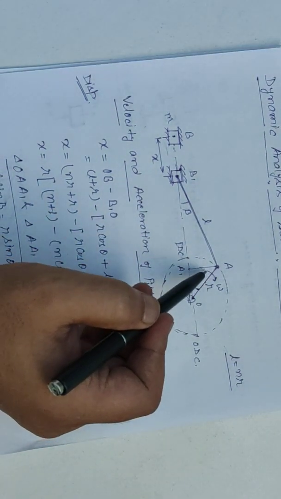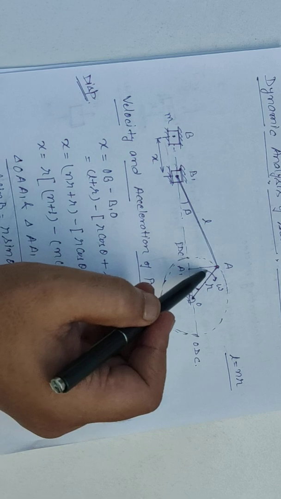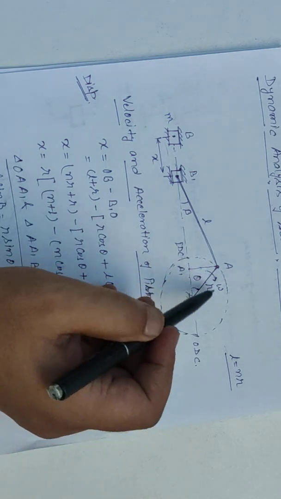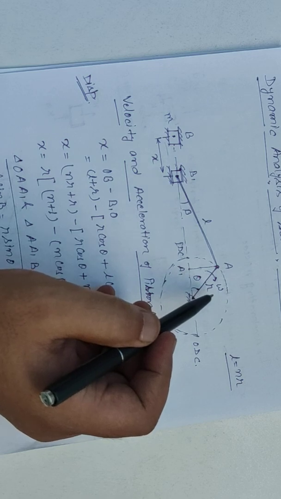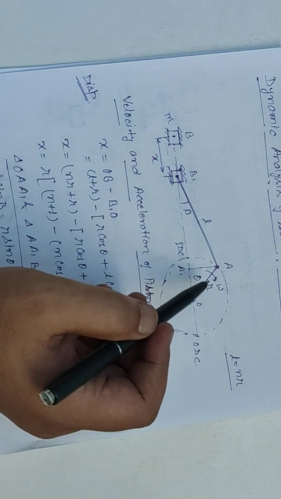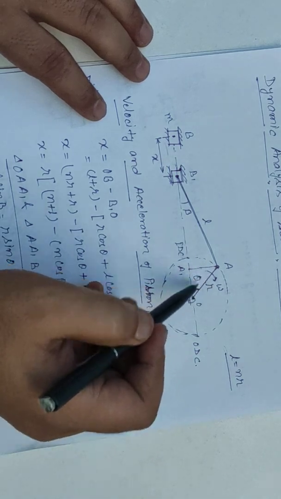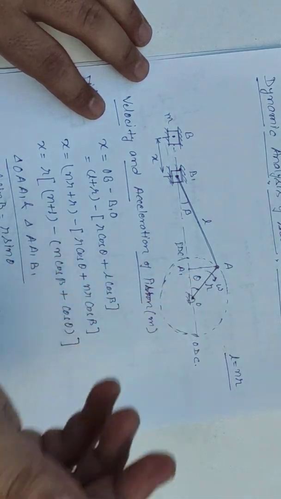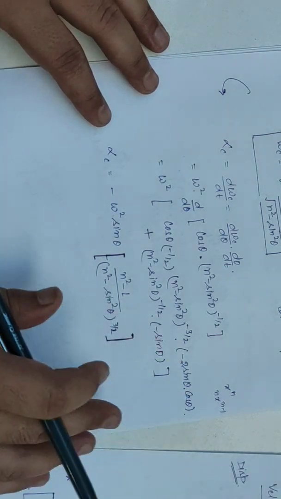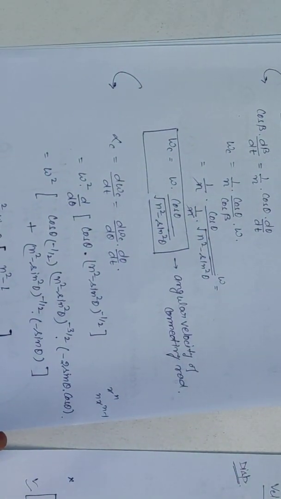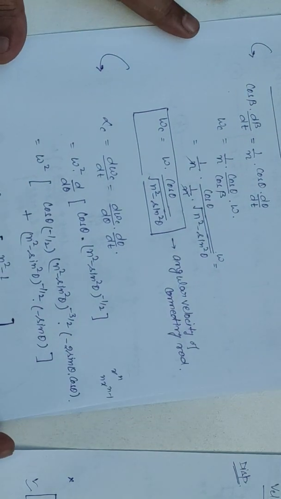The crank is having constant velocity. The crank is rotating with a constant angular velocity omega with respect to time, so there will be no acceleration for the crank. So this is the whole analysis of the slider crank mechanism.